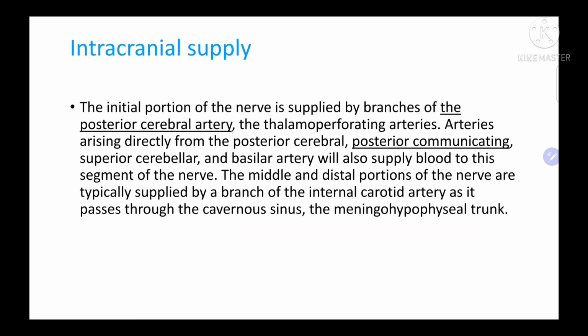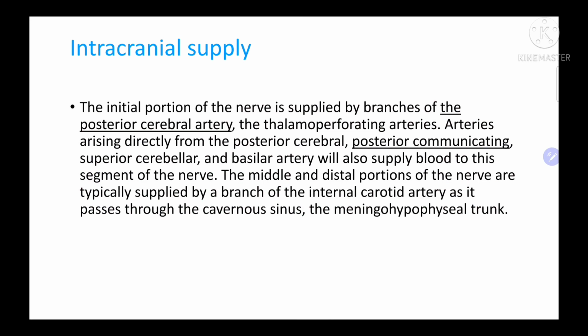So we have the intracranial blood supply. You can see here the arteries that supply the nerve: the posterior cerebral artery, also the posterior communicating artery.